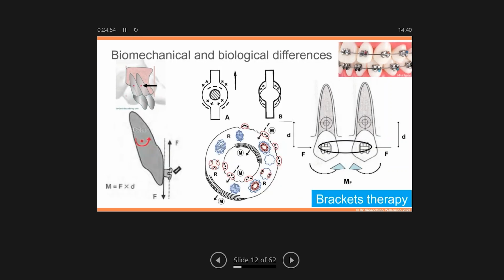So when we speak about a fixed therapy, we need to know several biomechanical concepts, so that we know exactly what happens when a rectangular wire is inserted in brackets, and how we need to change the single force and the couple of forces if we want to obtain a translation of a tooth, or only a tipping, or a rotation of a single tooth or of a group of teeth.